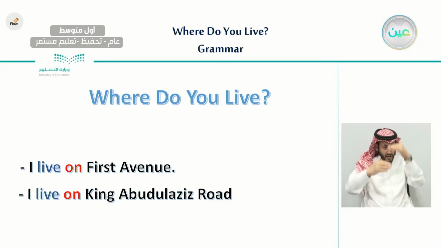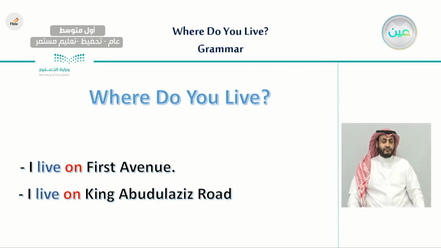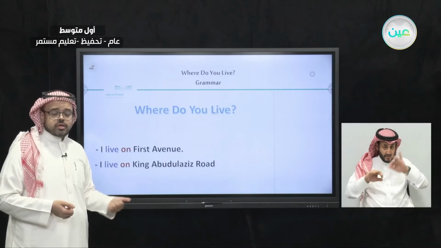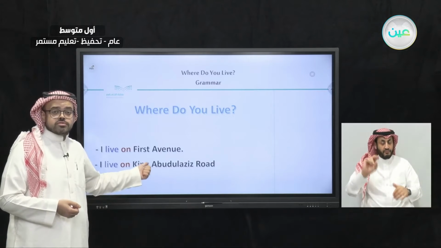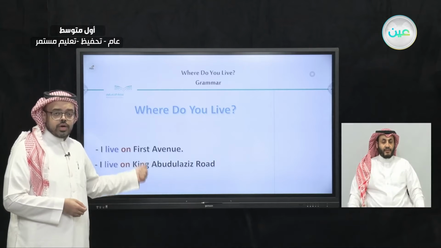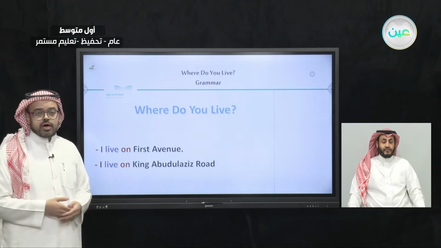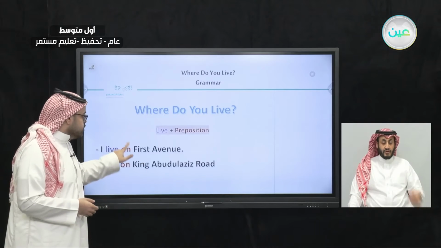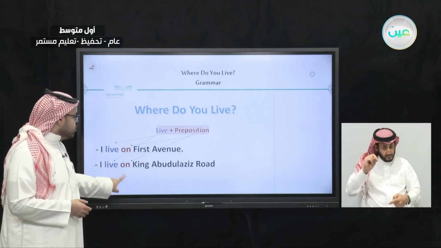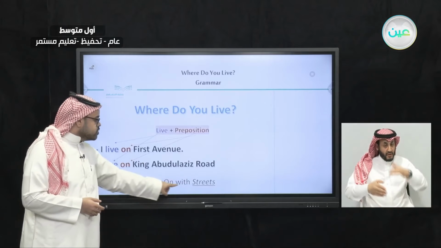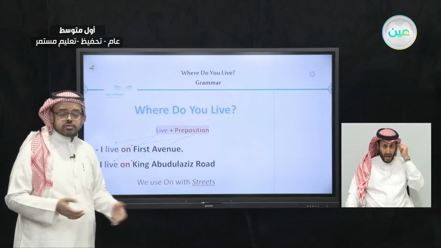So as you notice here, we're not talking about a city, a neighborhood, or a building. Here we are talking about streets. And as you figured out, we would use the preposition on with streets.